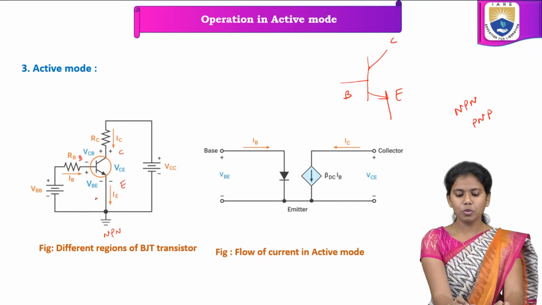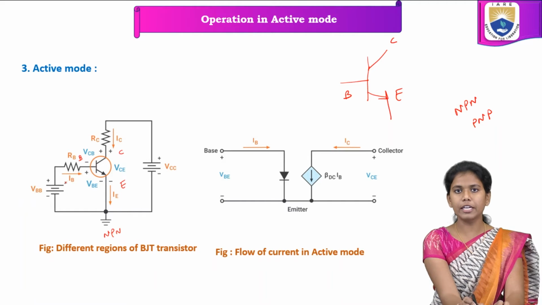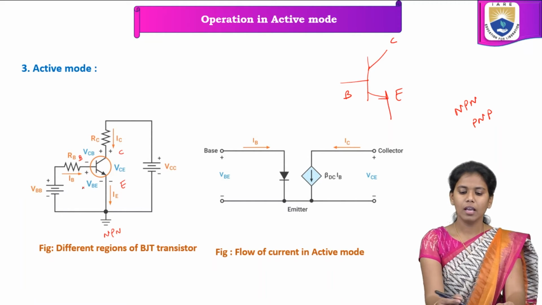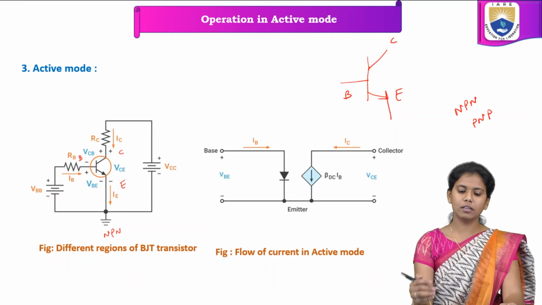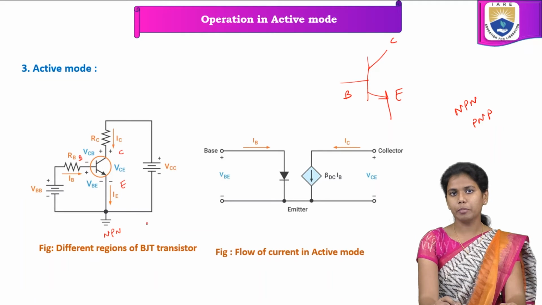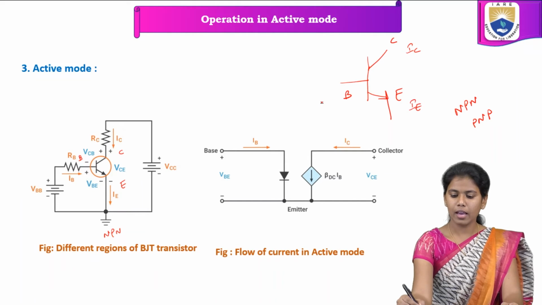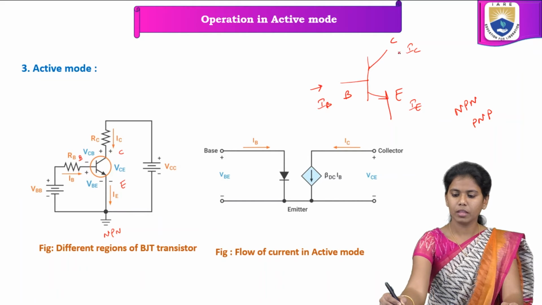Here you see the current flowing in the base is IB, the base current, the current flowing in the collector is IC, and the current flowing through the emitter is IE. Okay, the representations of current are IC, IE and IB, right?